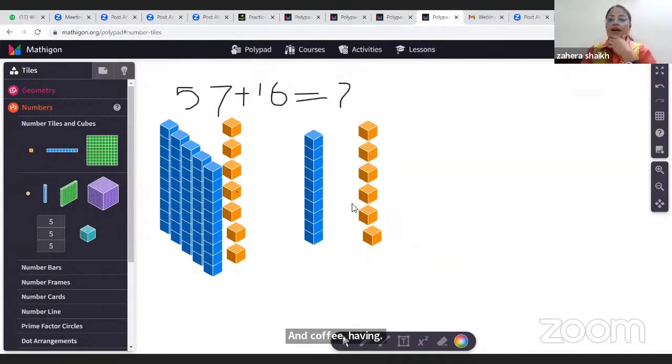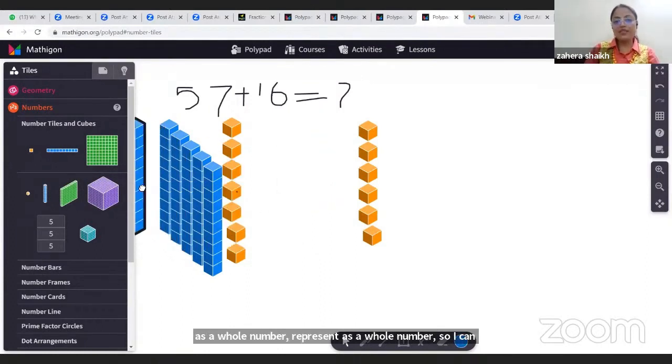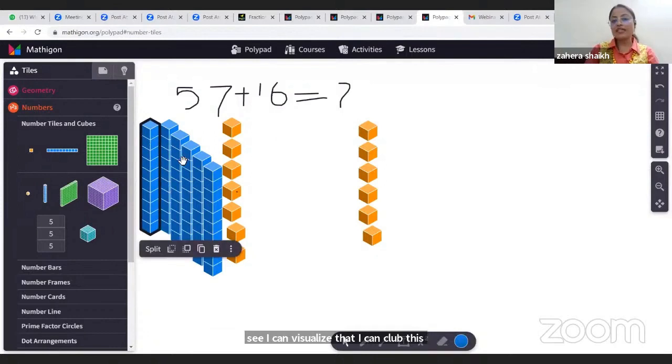So now I'm going to use my flexible thinking and the concept that I've learned. Whenever I represent a number, I need to unitize. I need to use the process called unitization to represent it as a whole number. So I can visualize that I can club all these tens together to make 60, but I have to regroup these ones into tens, right?